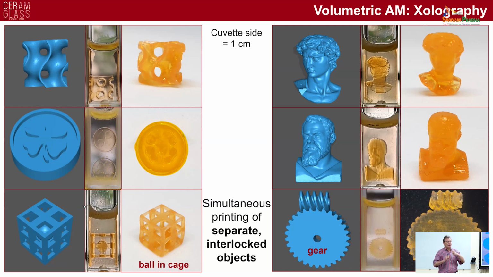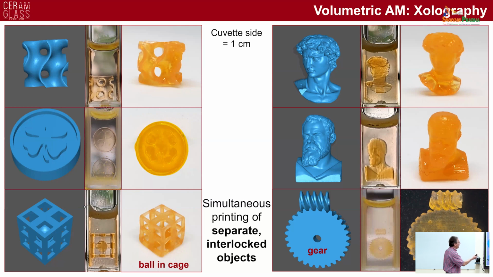But we can also use cuvettes that are 1 centimeter in width and 10 centimeters in length. So in this way, we can make much larger components. And for polymeric systems that are highly transparent, they are now printing in a cuvette which is 5 centimeters in width. So we are still trying to improve the transparency of our system to generate larger components.